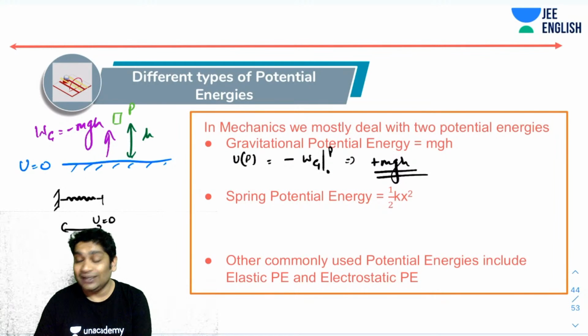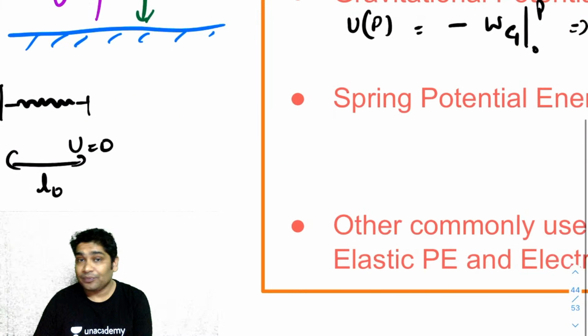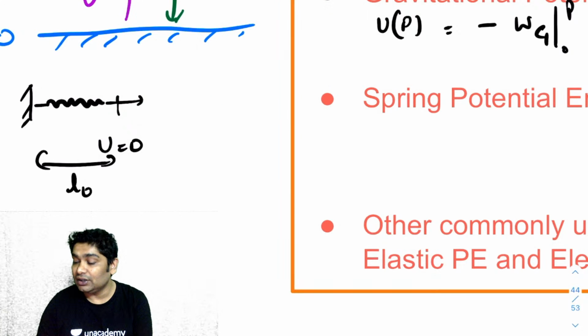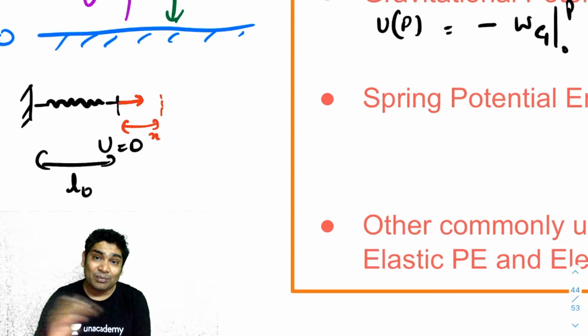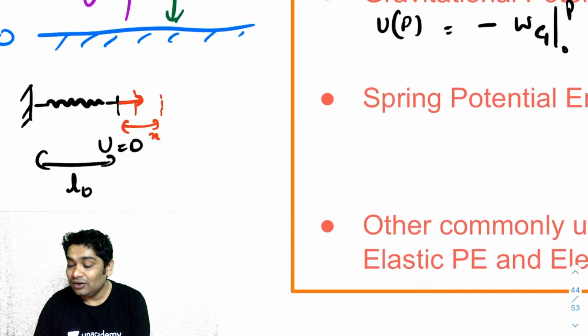Now, if you increase the length of the spring, let's say by applying a force, and you stretch this by an amount of x, or even compress it by an amount of x, you will realize that at any extension or compression of y, let's say in the middle, when it is displaced by y and it has to go further by dy.